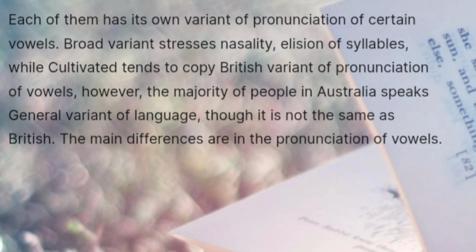However, the majority of people in Australia speak the general variant of the language, though it is not the same as British. The main differences are in the pronunciation of vowels.